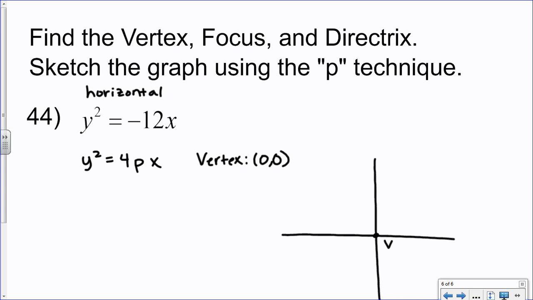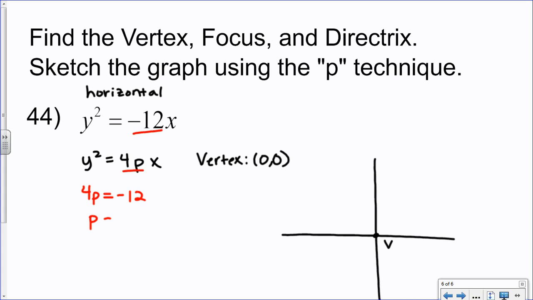Okay. This is horizontal, so I know that it's either going to open left or right. All right, 4 is part of the equation. So I want y squared equals 4px, and I have y squared equals negative 12x. So I know that 4p is equal to negative 12. That 4p, that part in front of the x, equals negative 12.